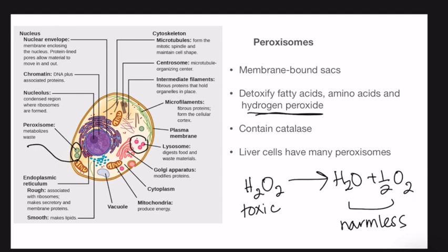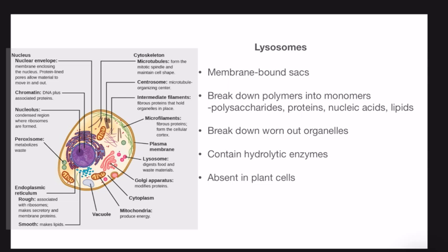Peroxisomes contain an enzyme called catalase, and that catalase is responsible for breaking down hydrogen peroxide into the harmless products. Liver cells that carry out detoxification of alcohol, of drugs, of other toxins will have lots and lots of peroxisomes. Now let's move on to lysosomes.